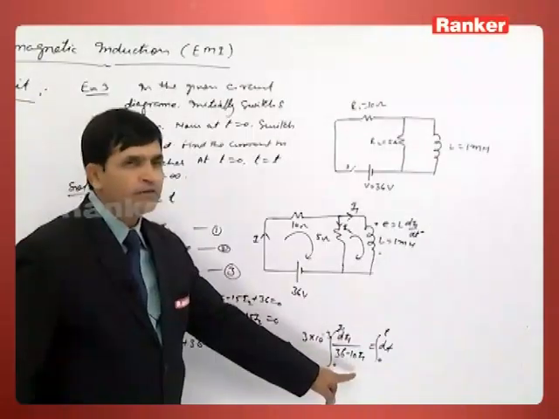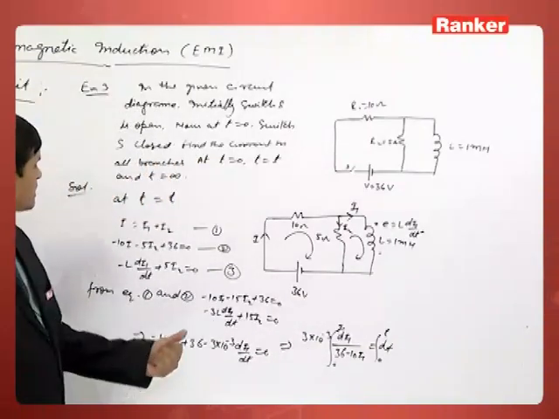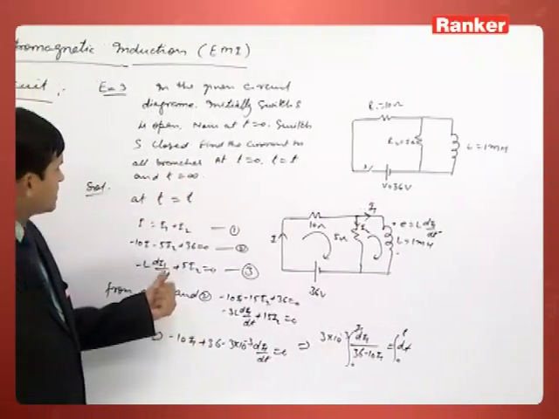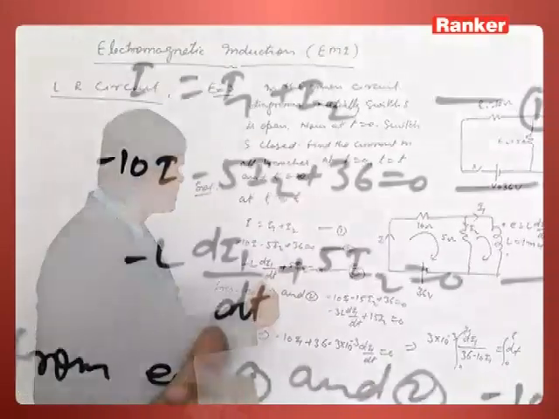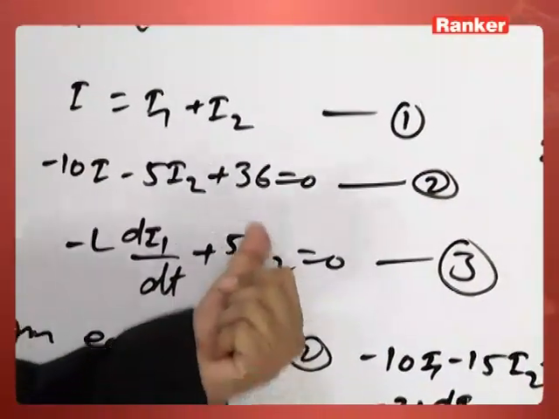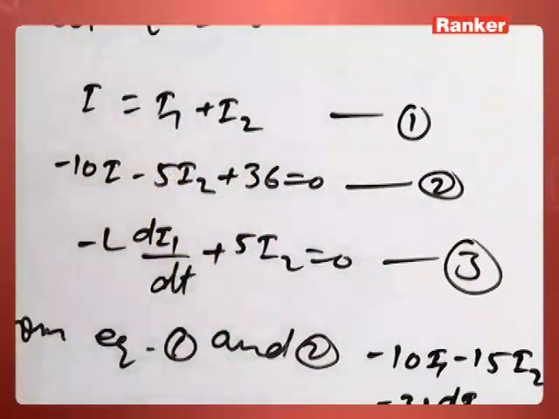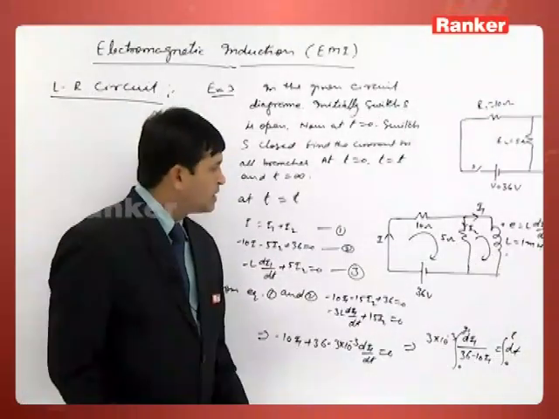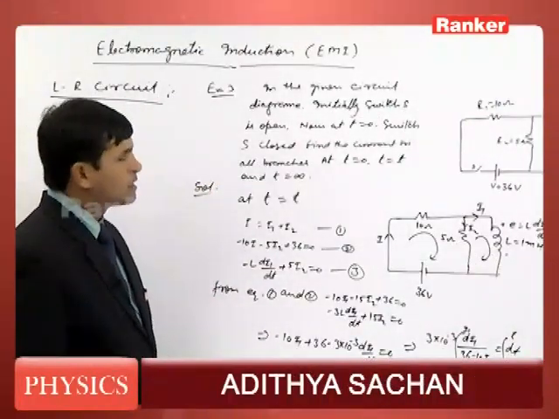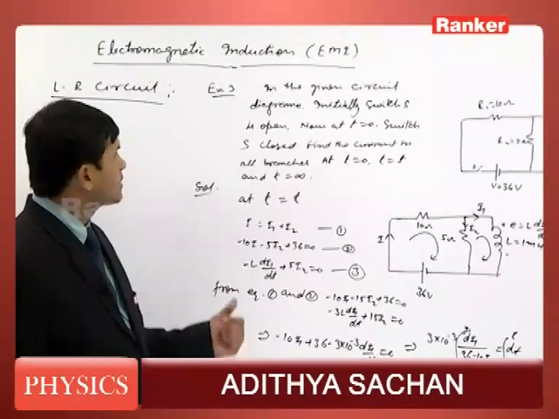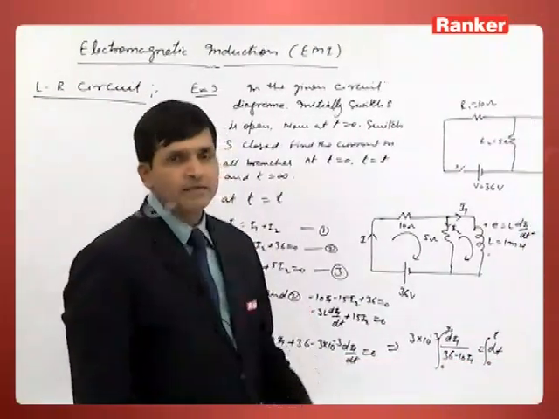Now we can get the value of I1. Just substitute the value of I1 and di1 by dt here, then we can get the I2 value. After that, I1 plus I2 equal to I. So these are the different types of problems based on RL circuits which can be simplified.